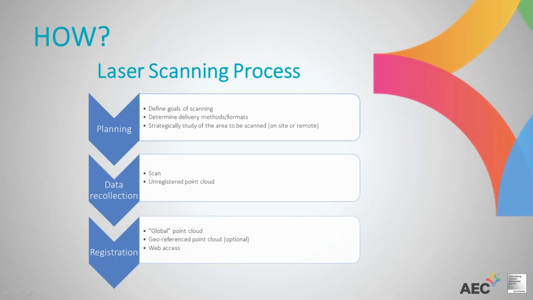If needed, you can georeference that, and you can upload it to the web, and the client or whatever stakeholder needs to access it can actually look at it from the web, for example like Google Street View, and take some measurements and stuff like that without actually having the point cloud on their servers or having a powerful machine, right?